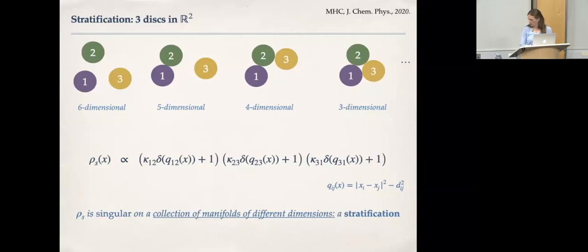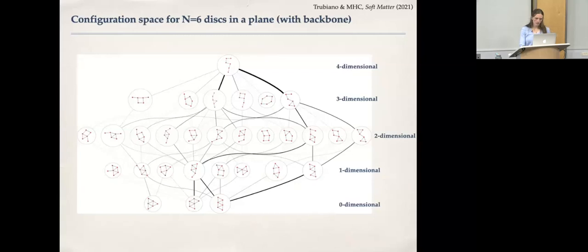Here's a slightly larger example that my former student Anthony Tribbiano worked out. This shows all the different contact graphs that you can get if you think about a polymer of 6 disks where the backbone is constrained, so it can't break, but then the disks can break and form any other contact that they want. And these are all the different contact graphs that you get.